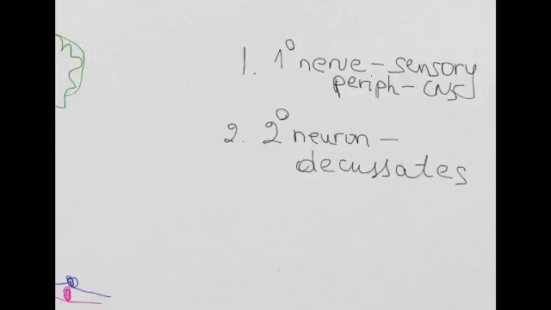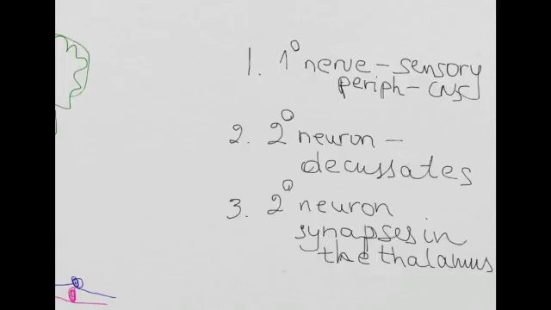We also know that the second order neuron will deliver the information to the thalamus. And finally, after synapsing on the third order neuron in the thalamus, the third order neuron will deliver the information to the somatic sensory center of the postcentral gyrus.